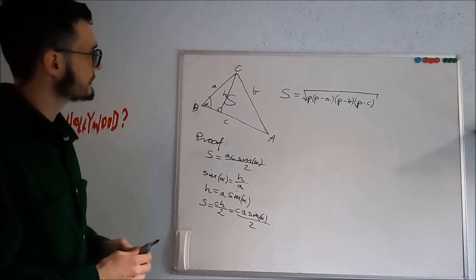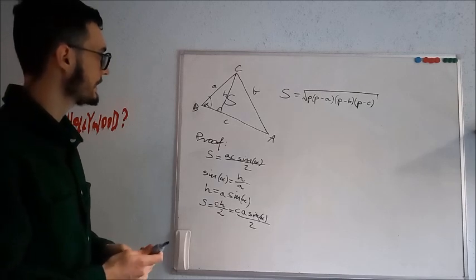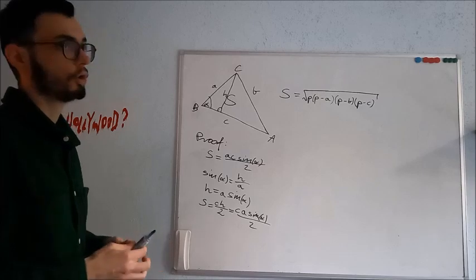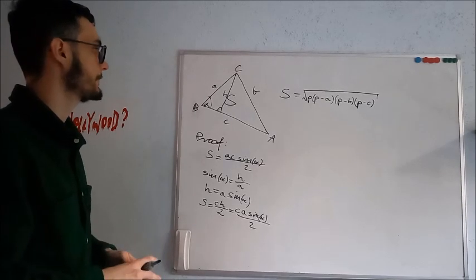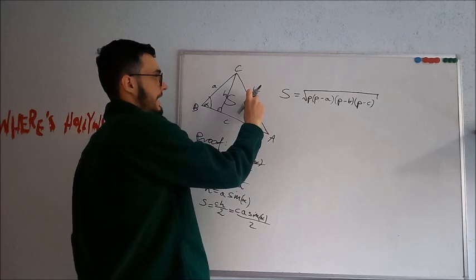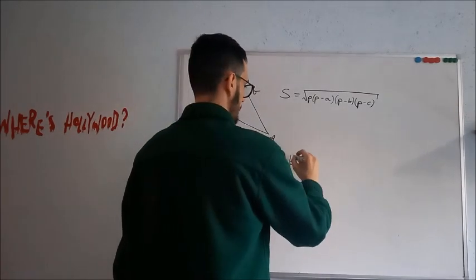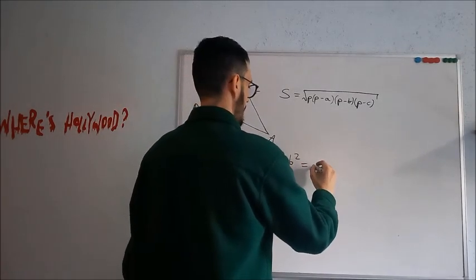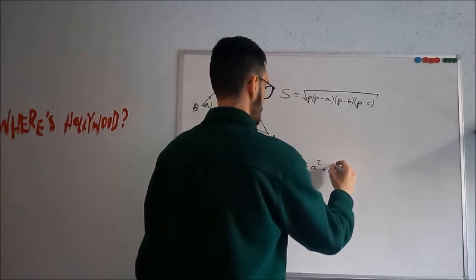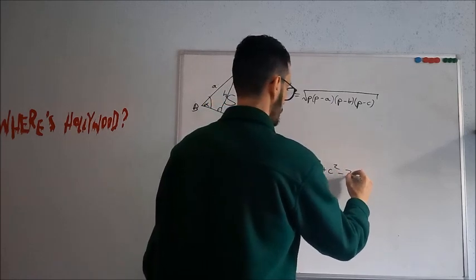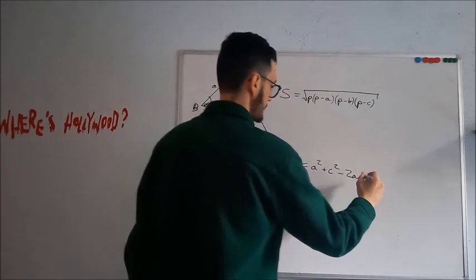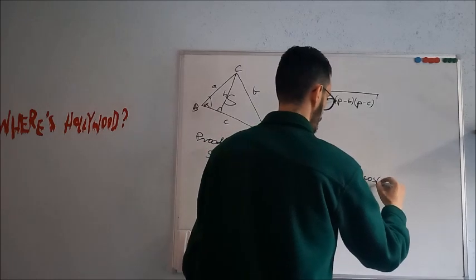So, first thing first, let's use the cosine theorem for side length b. So we get b squared is equal to a squared plus c squared minus 2ac times cosine of angle alpha.